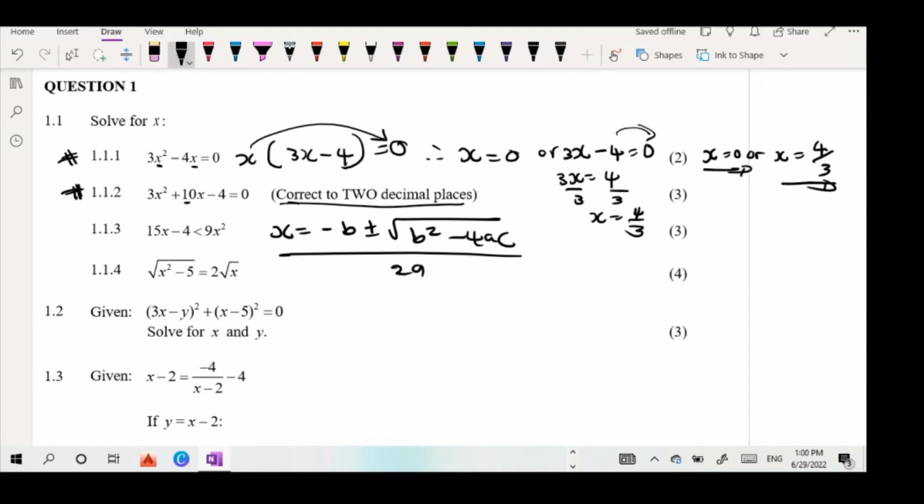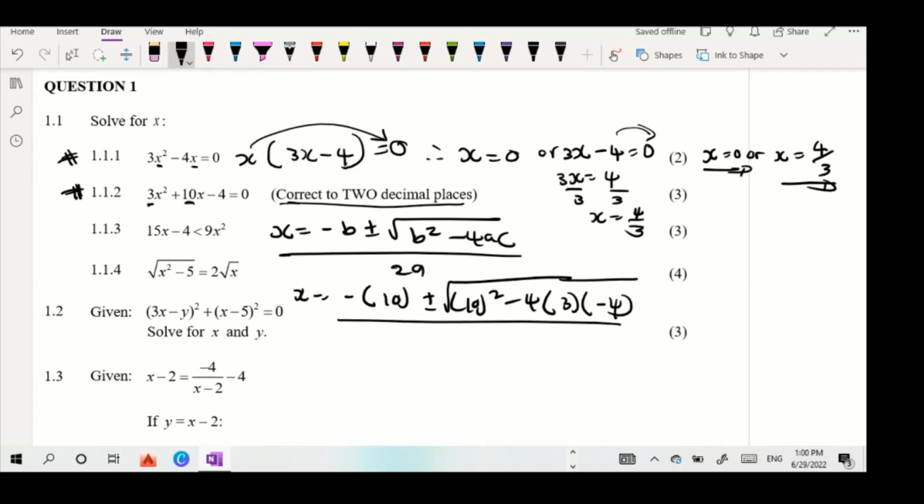Our b in this case is 10, so it's going to be x is equal to minus 10 plus or minus the root of, you write your 10 inside, squared minus 4. Our a is 3, and then our c is minus 4. Then you divide everything by 2 multiplied by 3, which is your a.